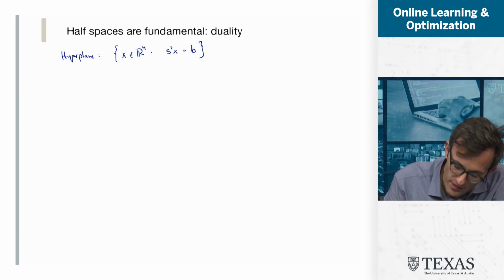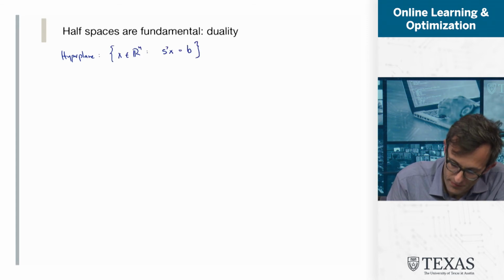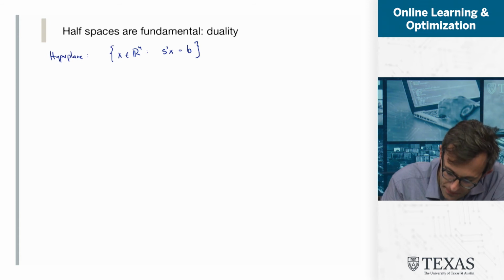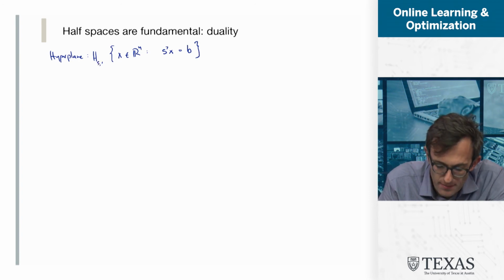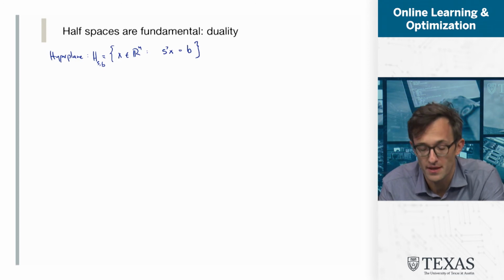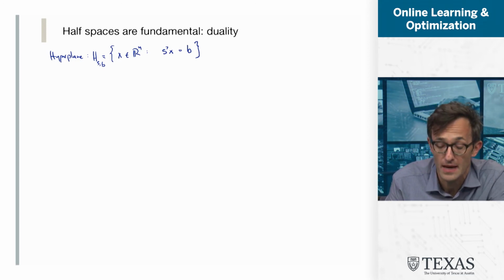So if I call this thing H, and while I'm at it, I might as well write down S and B, because these are the two things that define the hyperplane, the normal vector and the offset, B. Remember, B is a scalar, S is a vector in the same dimensions as x.